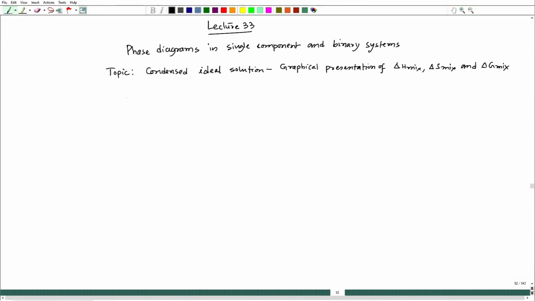So, if we try to see del H mix for ideal solution, A and B are the two components we are taking. Pressure and temperature we are keeping fixed, and this is, let us say, a closed system.